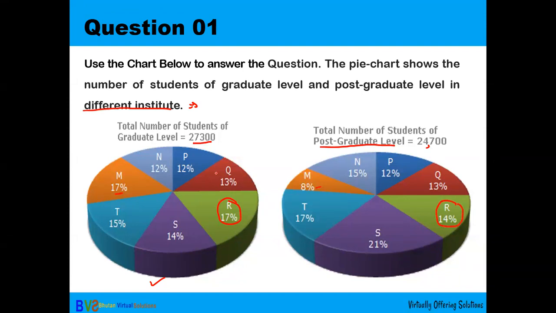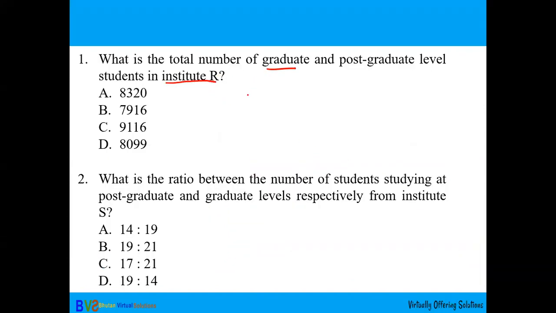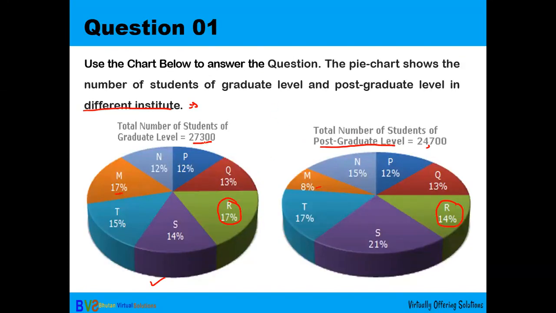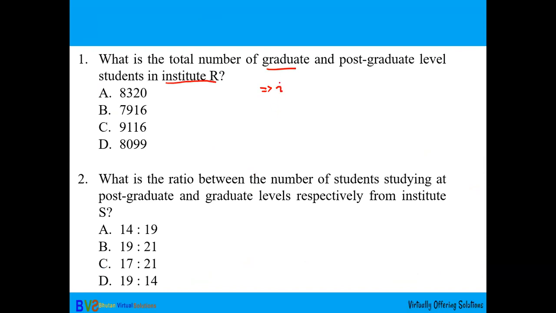In Institute R, there is 17% at graduate level, and at postgraduate level there is 14%. The question is asking for the total number, so you have to add them. That is 17% of 27,300 plus 14% of 24,700.